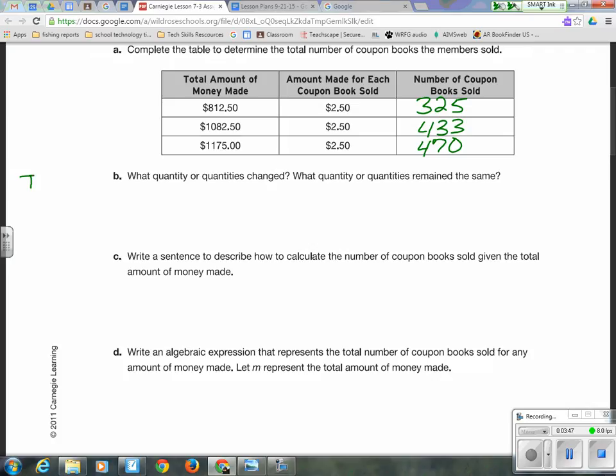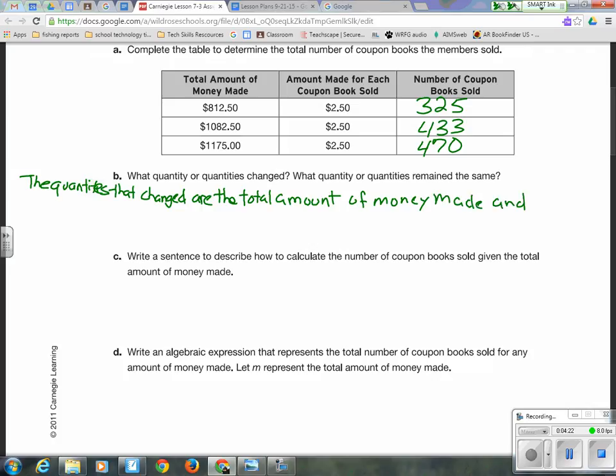Perfect. The quantities that changed are the total amount of money made and the number of coupon books sold.